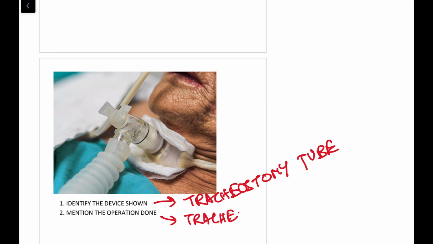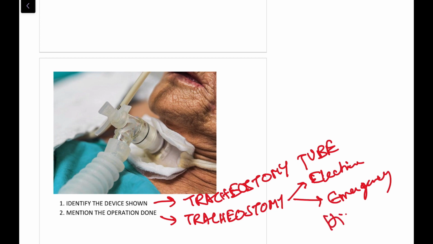Now here you need to know about the cross questions related with tracheostomy. You may be asked about elective tracheostomy. You may be asked about emergency tracheostomy. What is a high tracheostomy, what is a mid tracheostomy, and what is a low tracheostomy. And if you can answer these questions properly, you may even be asked about the complications of tracheostomy.